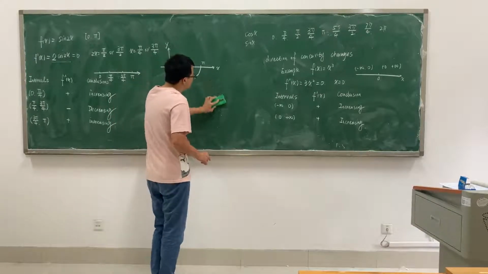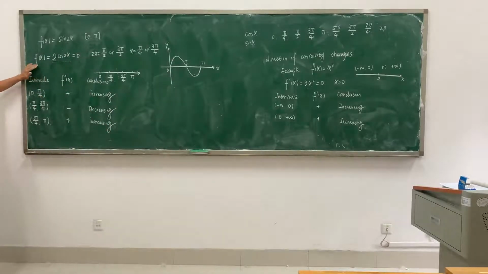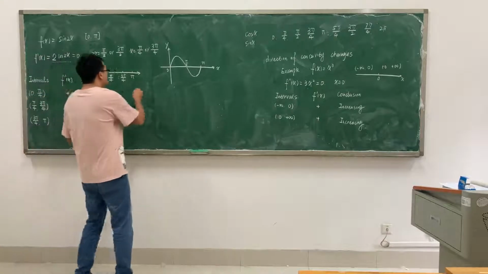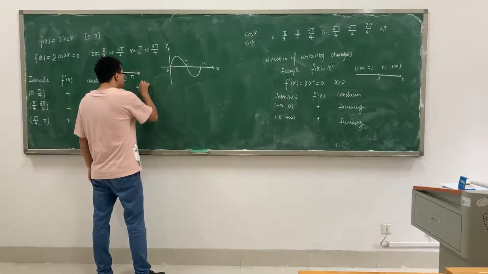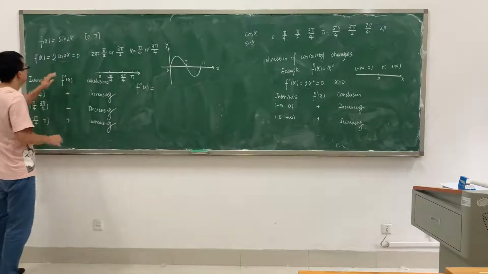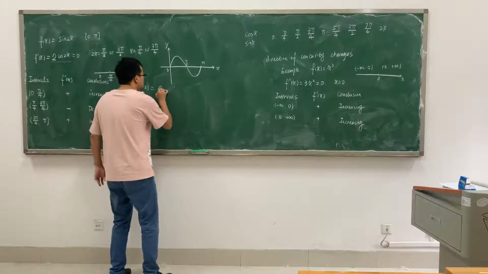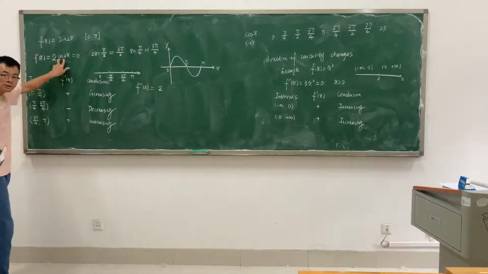So here is the same, okay? We need to find the second order derivative, f double prime. So f double prime equals 2 times, cosine derivative is what?